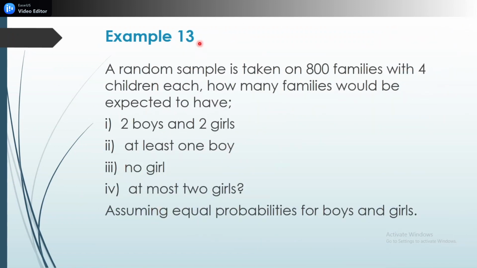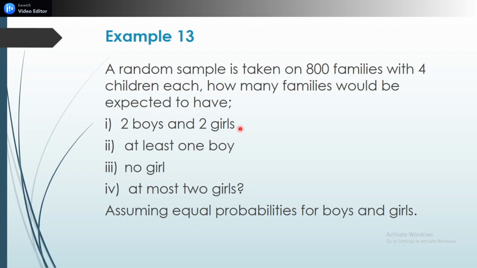Example number 13. A random sample is taken of 800 families with 4 children each. How many families would be expected to have 2 boys and 2 girls, at least 1 boy, no girls, at most 2 girls?